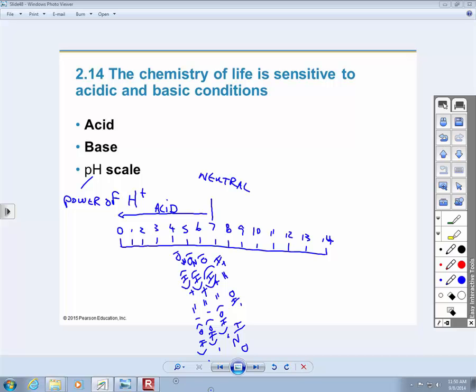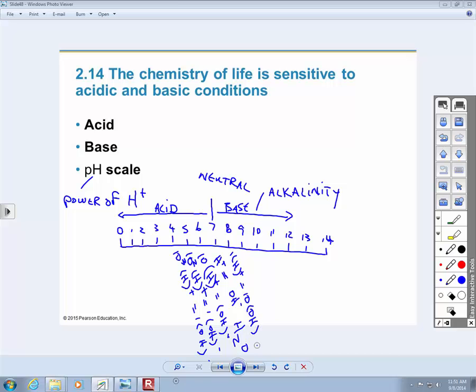Every time we go above pH 7, you're increasing your base unit. This is called base. Sometimes they call it alkalinity. Base and alkalinity are equivalents. You don't see the term alkalinity a whole lot, but it's just a different term for base. If I go to a pH of 8, I will only have one hydrogen and 10 hydroxyls.